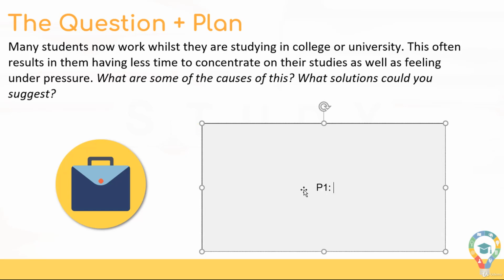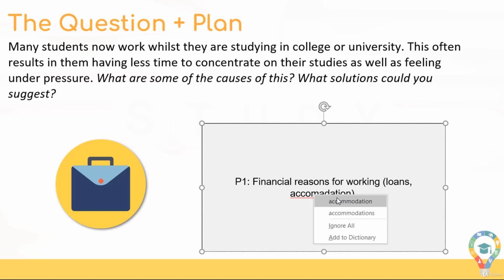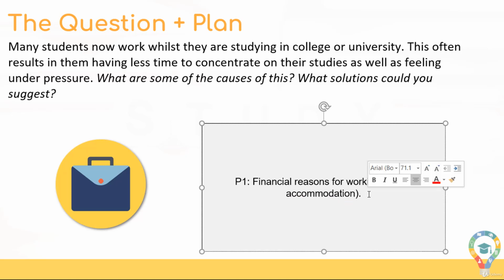So if we say financial reasons for working, we could say loans, accommodation. And here I need to suggest a solution. So what can I say for the solution? You could say free government grants.